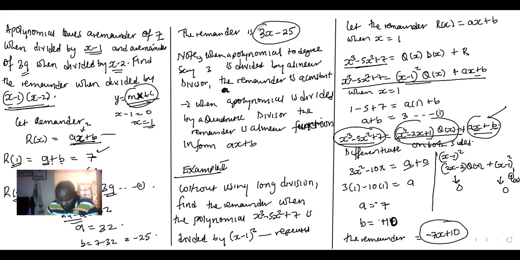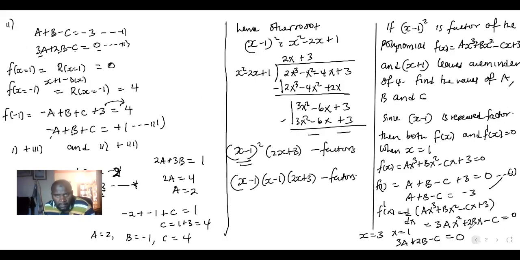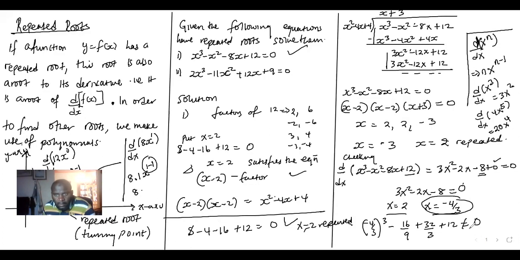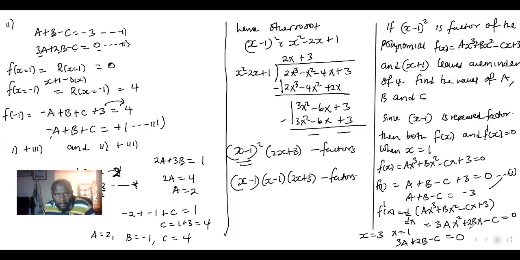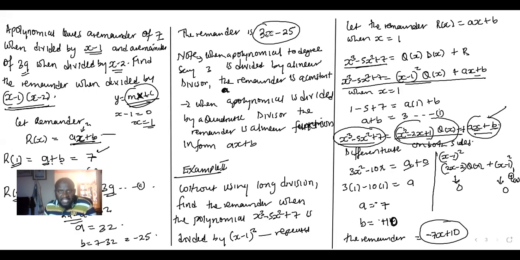Teacher, may I have a question? Please go ahead. In the first number on that board, you put the remainder as 3x minus 25. Isn't it supposed to be 32x minus 25? Did I rub it off? No, the first question on that page. The last page. This one, 3x minus 25.